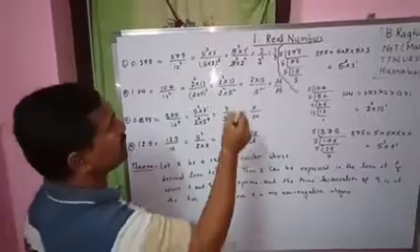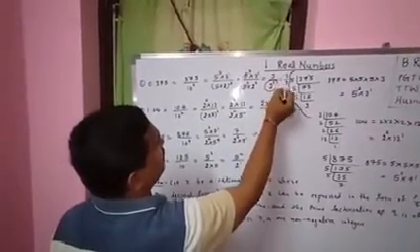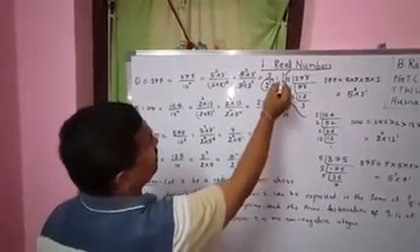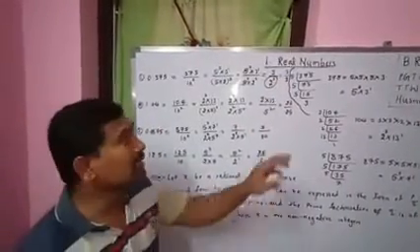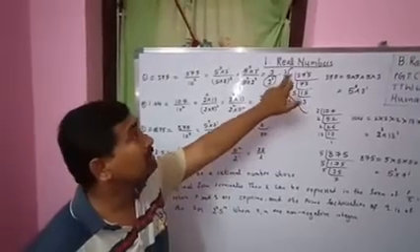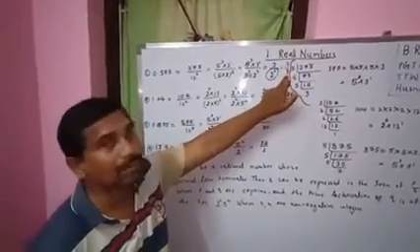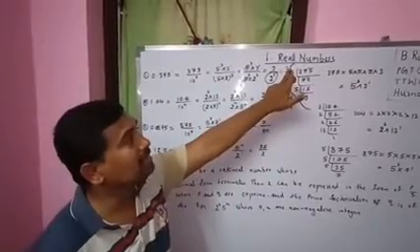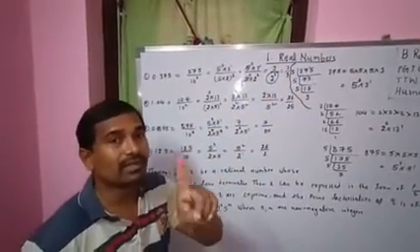See this? 3 by 2 power 3. 2 power 3 is 8, so 3 by 8. 3 and 8 are co-primes. Co-prime means these two have no common factors. These two are not primes but co-primes. 3 is prime, 8 is not prime. Co-prime means 3 and 8 have only one common factor, that is 1.